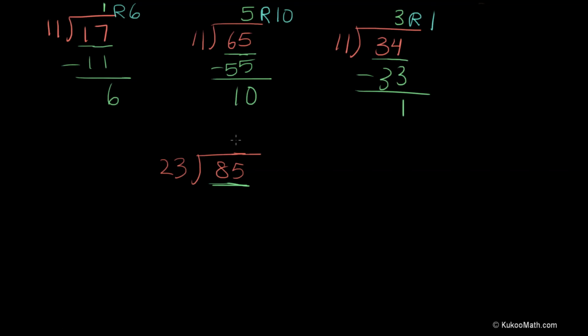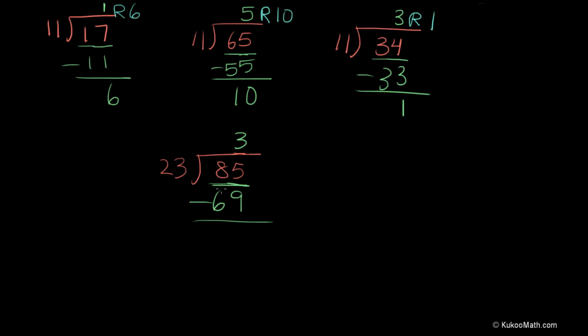If 4 is too big, let's try 3. Let's multiply 23 by 3. 3 times 3 is 9. 2 times 3 is 6. 69. And when we subtract, we can do it the classic way with borrowing. So we can't do 5 minus 9.